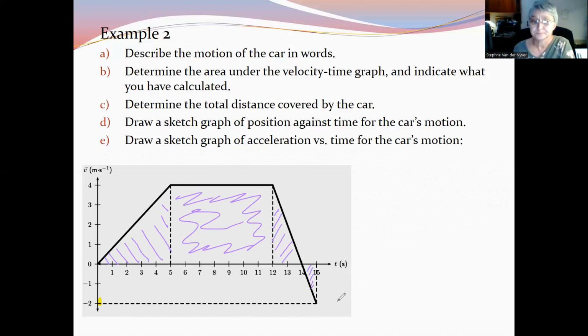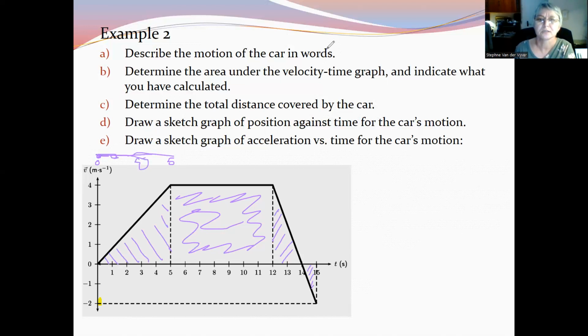Now to just draw a motion map to explain the situation, this car moved from time 0 to time 5 seconds. This car was accelerating in one direction.